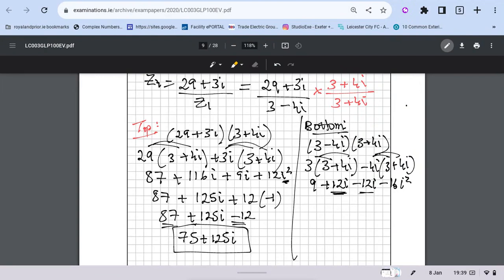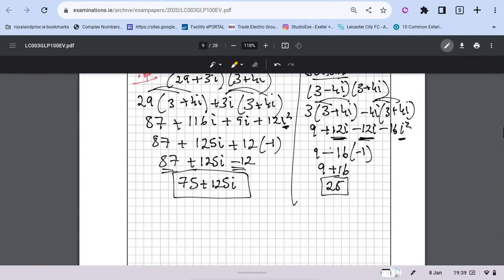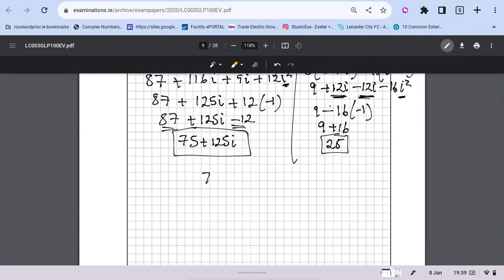So my two i's there, plus 12i minus 12i, they go. And here I've got my i squared. When I see i squared, sub in minus 1. That gets me 25.